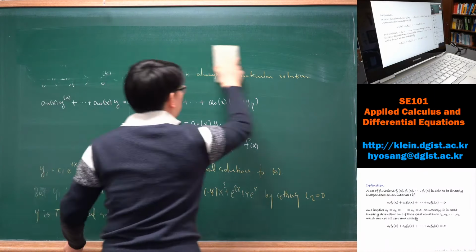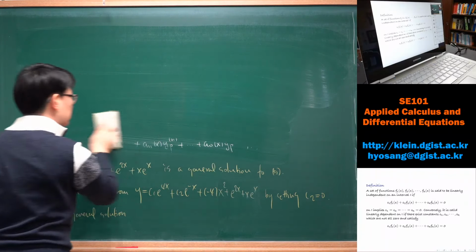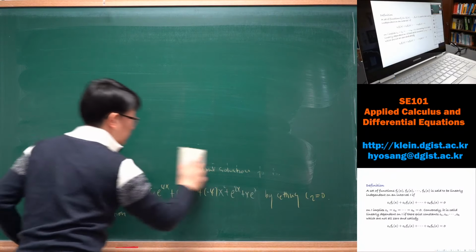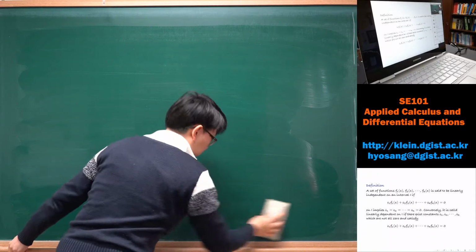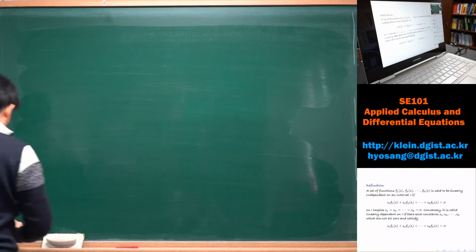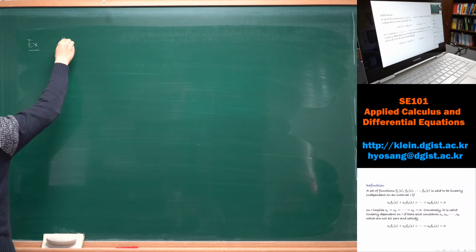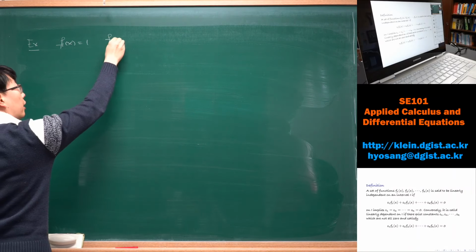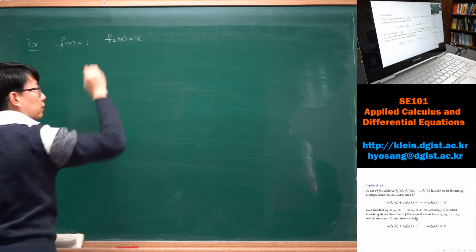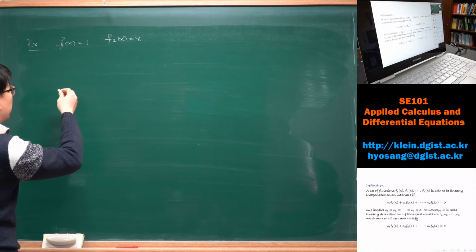An easy example is just polynomials. Let's say we have f1(x) equals 1, just the constant function 1, and f2(x) equals x. These two functions are linearly independent. Why are they linearly independent?